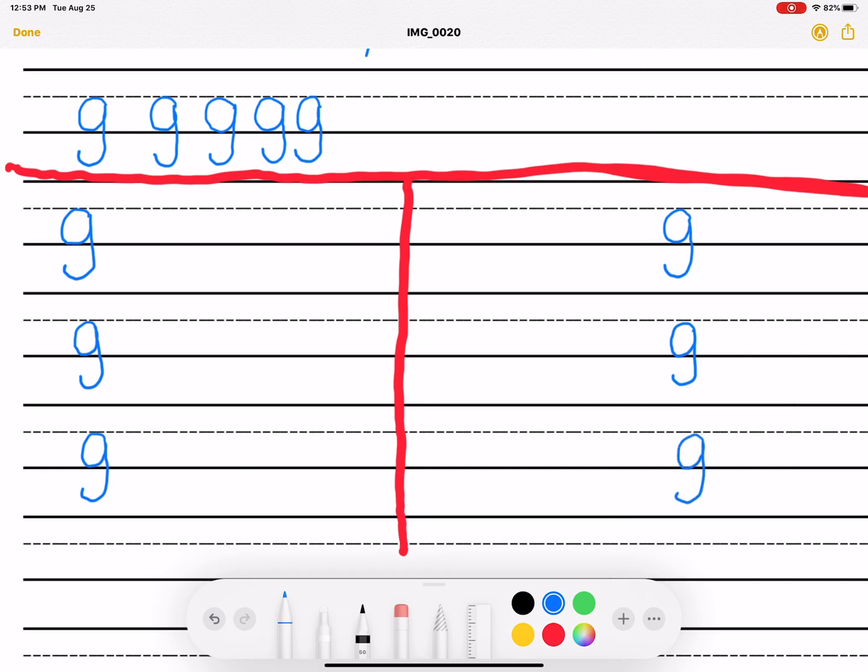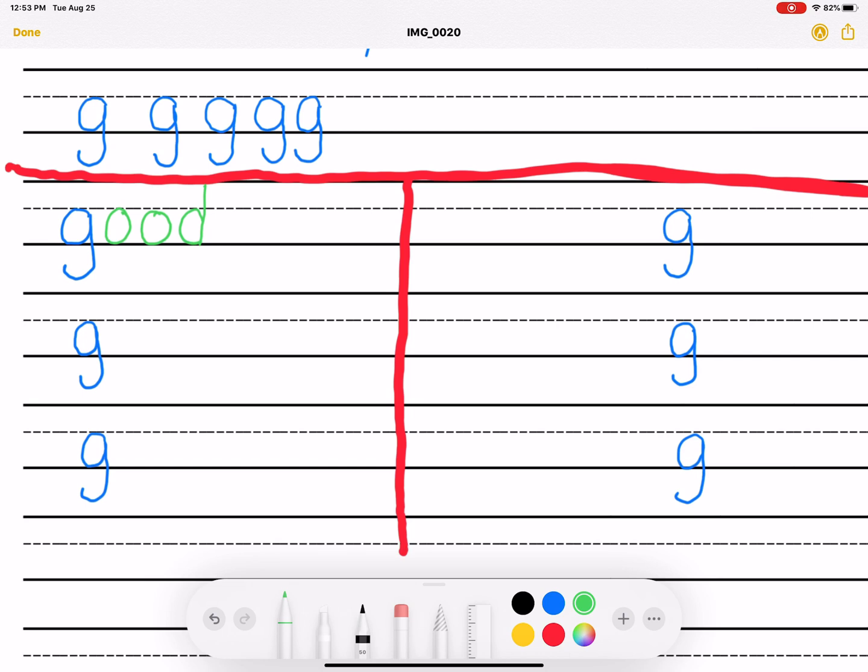I am set up to write 6 words. 3 of them that begin with a G and 3 of them that end with a G. So I am going to make my first G word the word good. So that would be G-O-O-D, good.